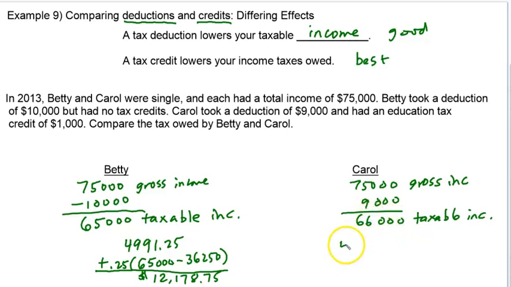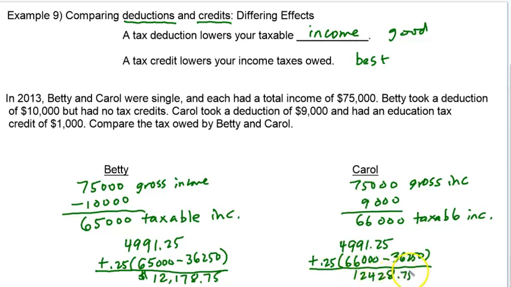So again, a little refresher, we go back and we get 4,991.25 from the table, and then we add 25% of the difference between 66,000 and the 36,250. And we would end up with 12,428.75.